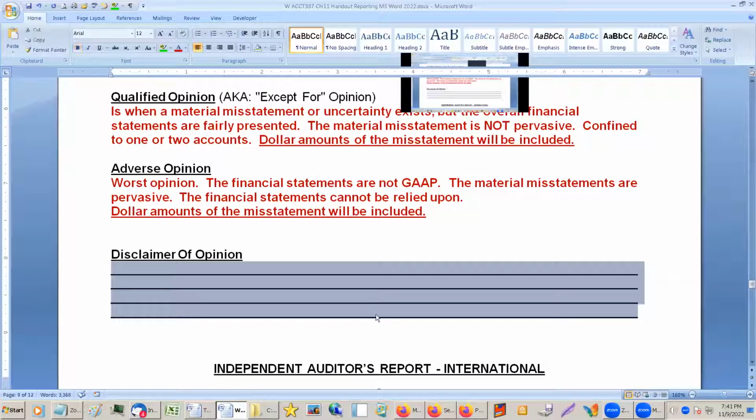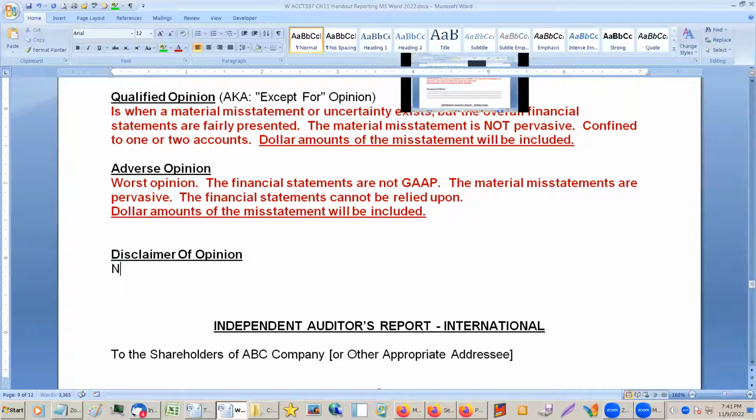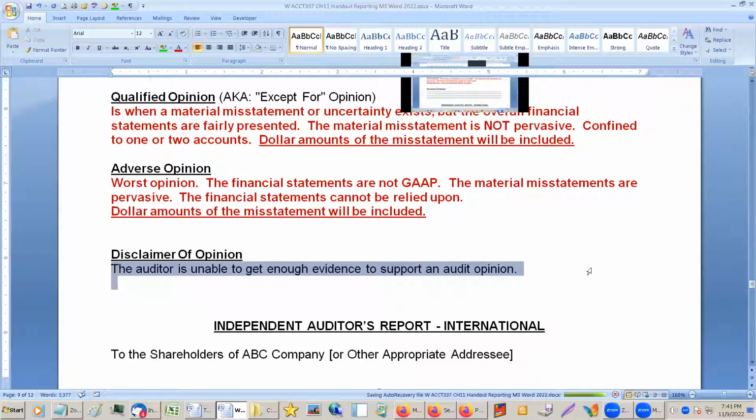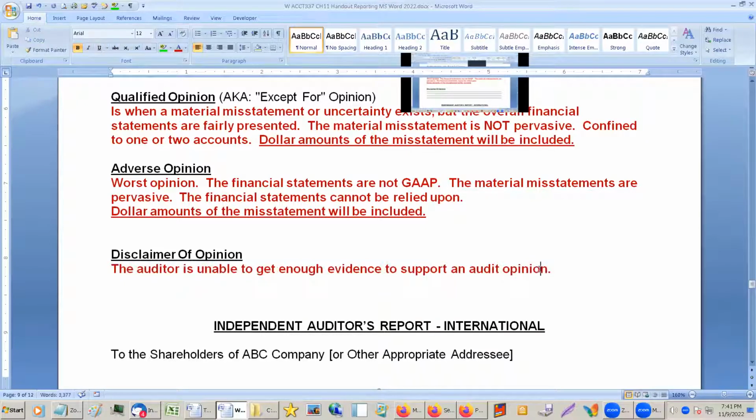A disclaimer of an opinion. The auditor is unable to get enough evidence to support an audit opinion.